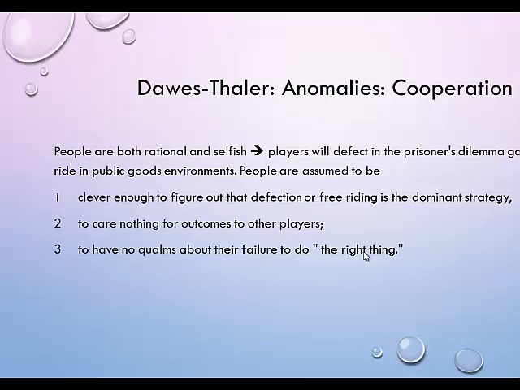The first assumption is that people are clever enough to figure out that defection is the optimal dominant strategy. This requires some calculations, and there are many games which we can show, and I will discuss some examples, where people cannot calculate the optimal strategy. Actually, economic theory assumes that people are supercomputers. Even in very, very complex situations, they can always figure out what is the maximizing strategy. But in many real world situations people make very big mistakes in calculation, and then they play suboptimal strategies just because they couldn't calculate the right strategy.